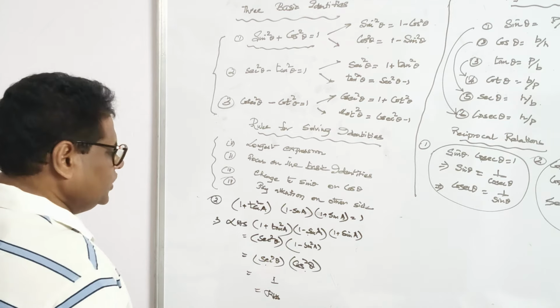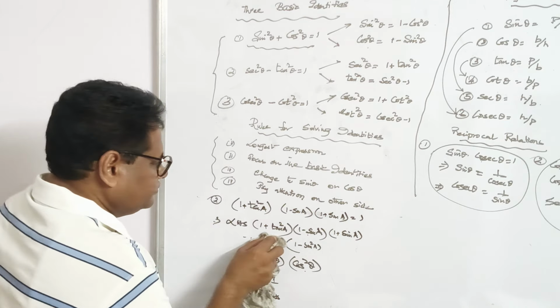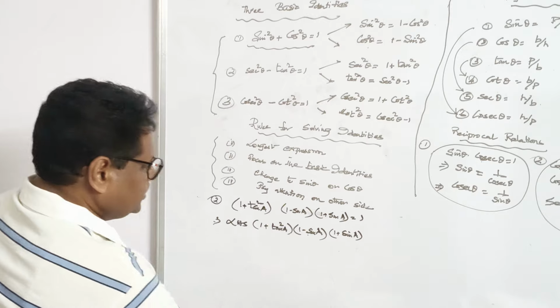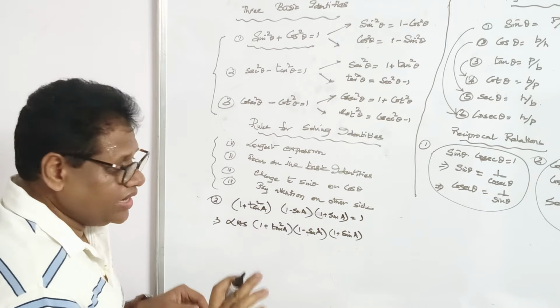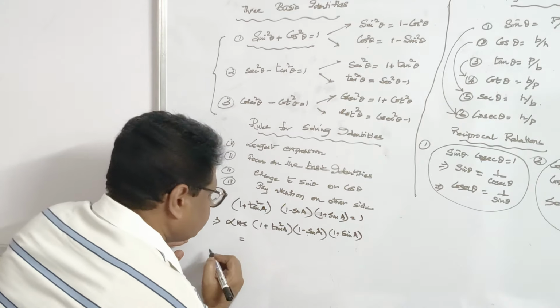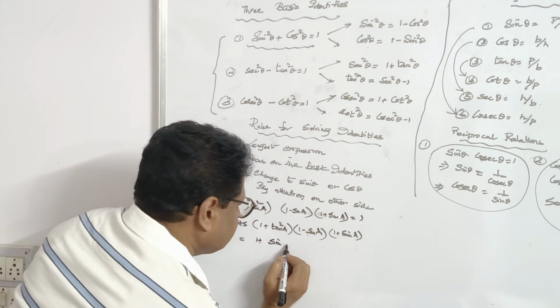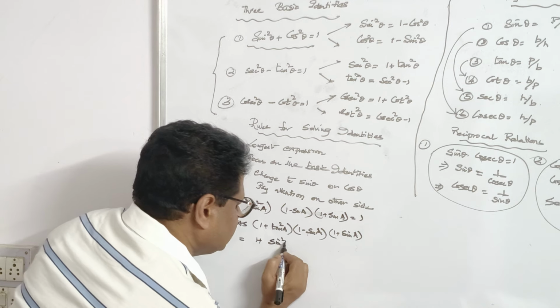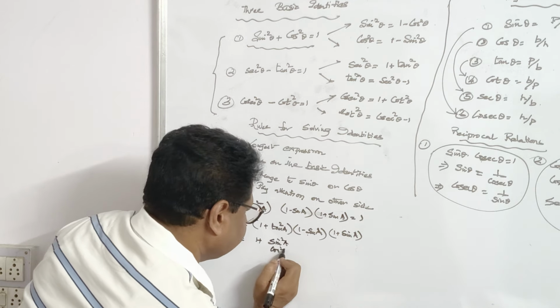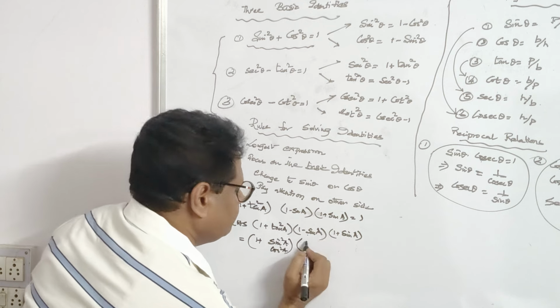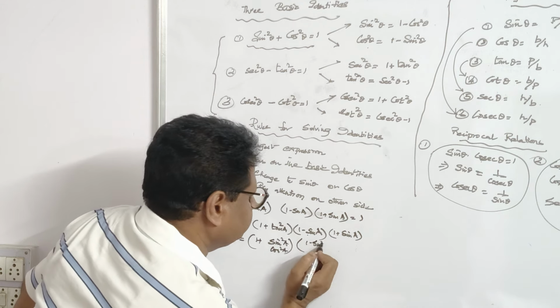So let us start from here. This is the expression on the left hand side. Now see, I am converting this by the sin cos method. 1 plus tan square A, where tan is sin by cos, so I write tan square A as sin square A by cos square A. This is (1 - sin square A).